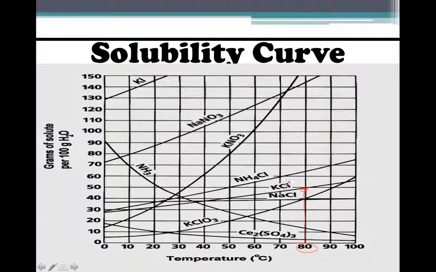So I go all the way over here, and the amount of grams is 50. Okay? Now remember, this is per 100, and that's going to be crucial for the next couple of questions. But that's how we read it. You go up to the temperature 80, follow till you find the KCl line, follow it over, and that gives you the amount of grams that was dissolved.